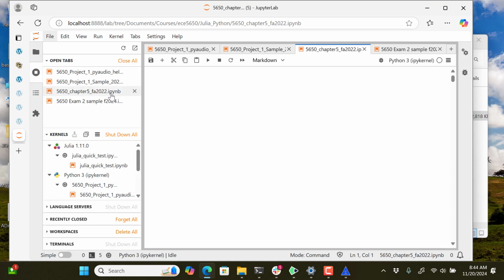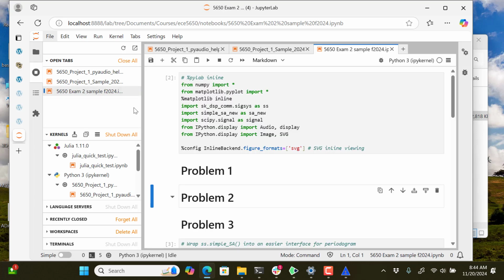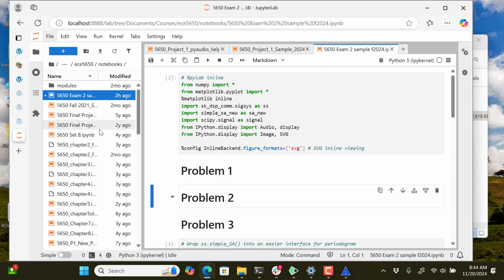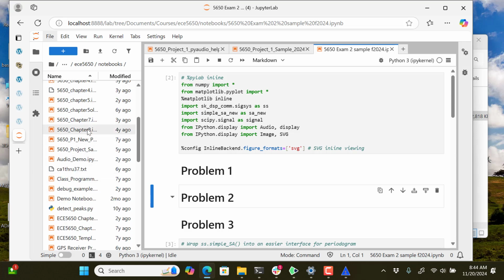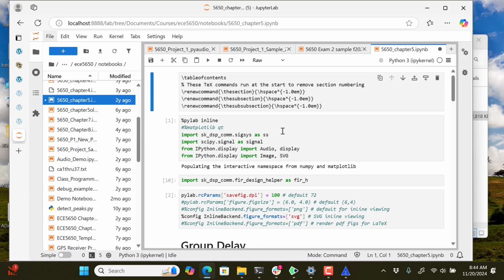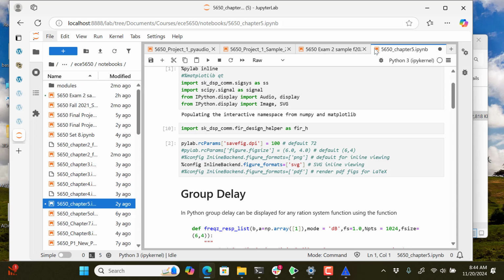So I'm going to go close this. This is chapter 5. Close that. Close the kernel for chapter 5. This is an older version of the notebook, so it's not the one I wanted.